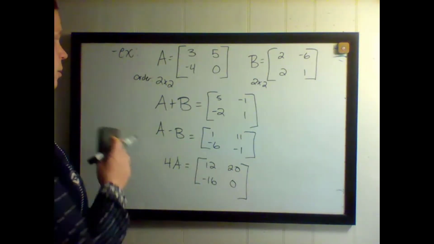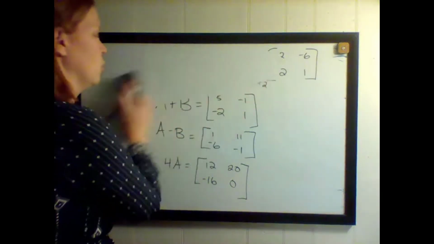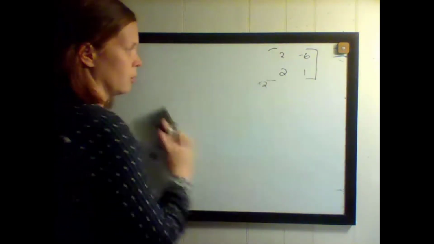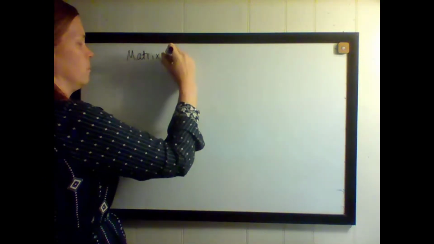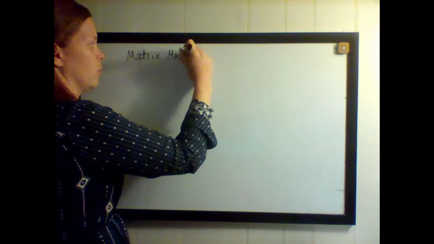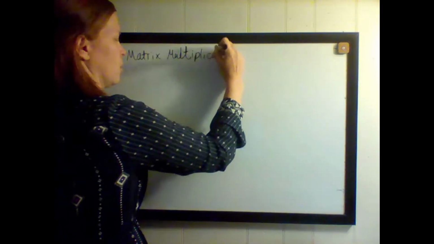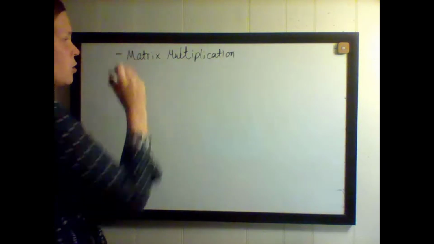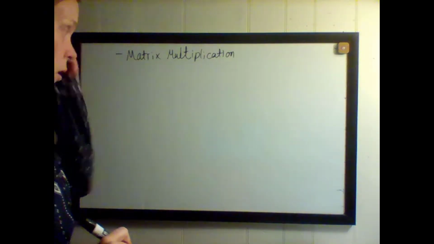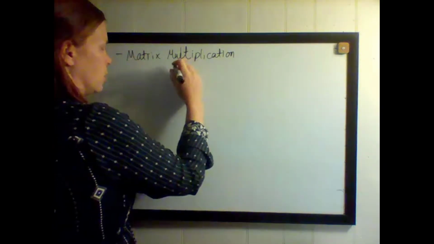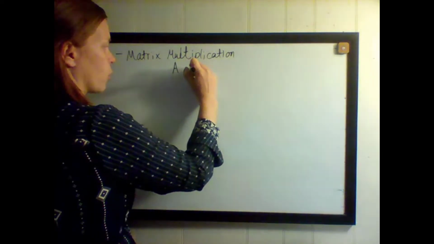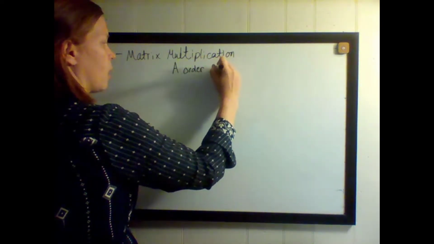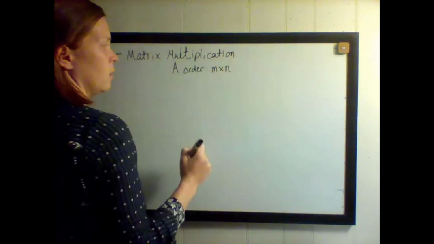Now let's look at multiplication of two matrices together. Matrix multiplication. Here, let's say matrix A is of order m by n.